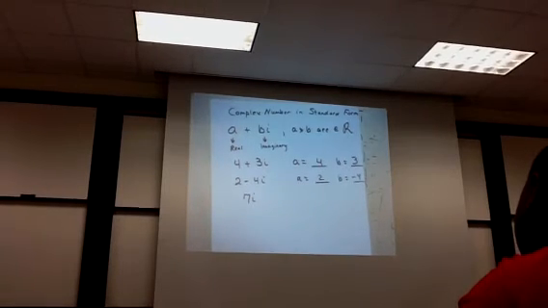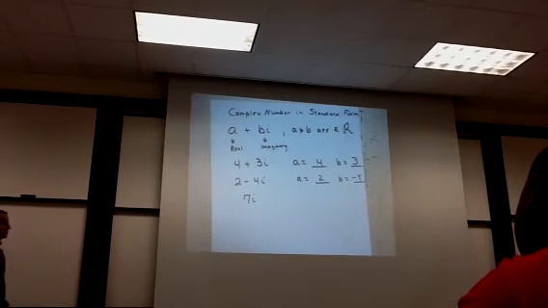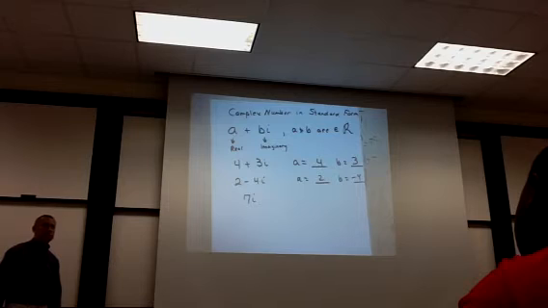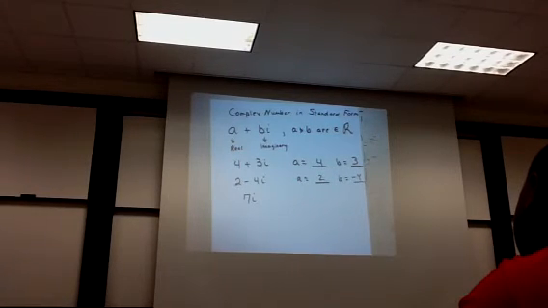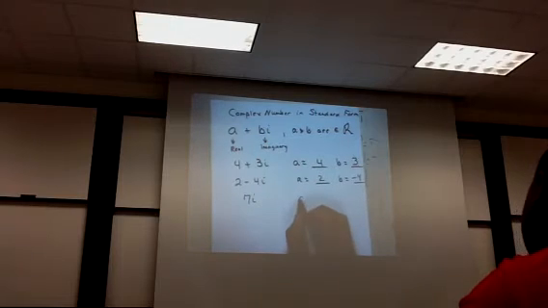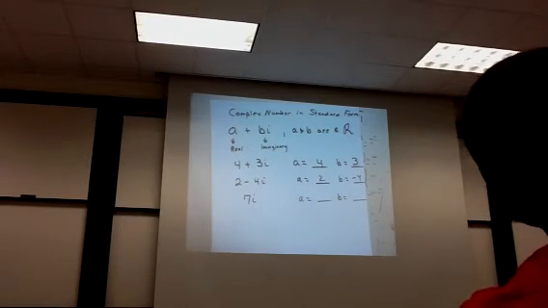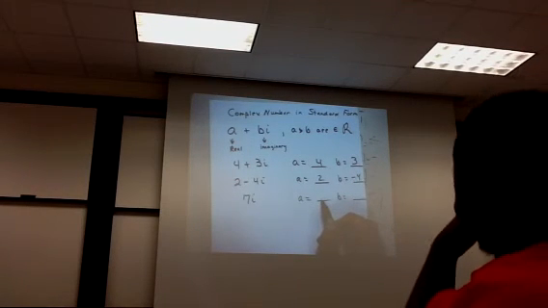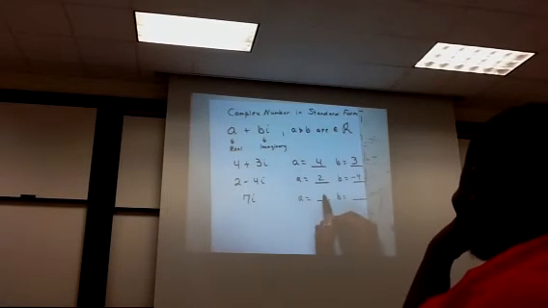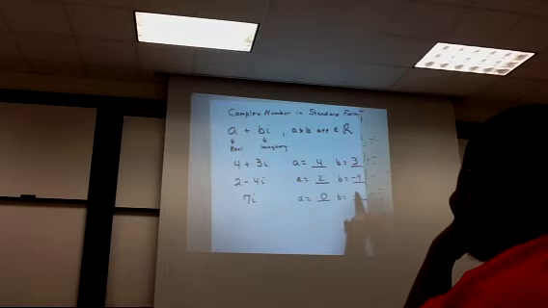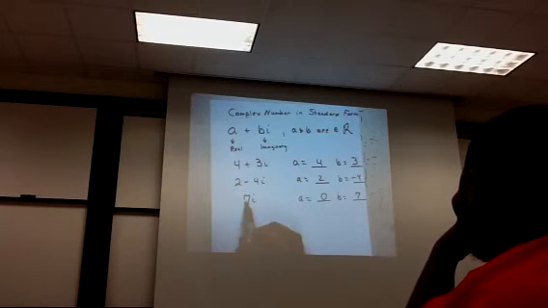Is that a complex number in standard form? If it is, you should be able to tell me what a and b are. b is 1. What's a? 0 and b is? So you're saying that 7i is the same as 0 plus 7i.